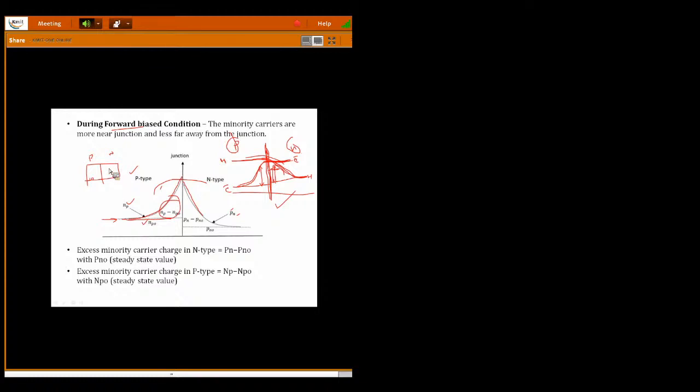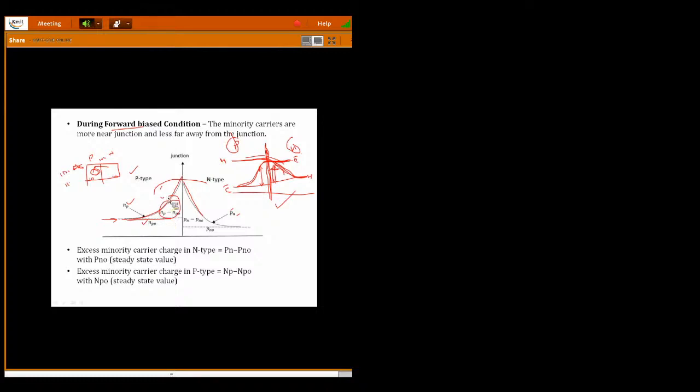But due to the diffusion from the n region, 100 electrons came to the p side, and they became minority carriers. The total minority carriers becomes 110. What is the excess minority carriers in the p region? 100 came minus the existing 10, that is 90. This is the excess minority carrier concentration in p-type.